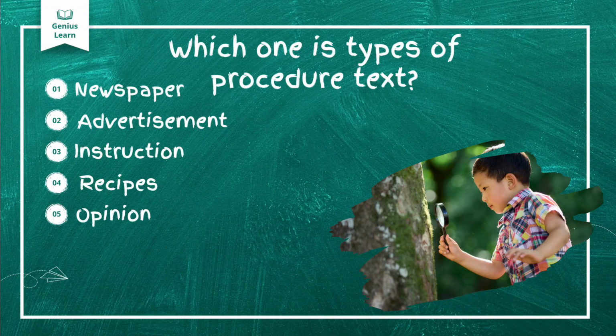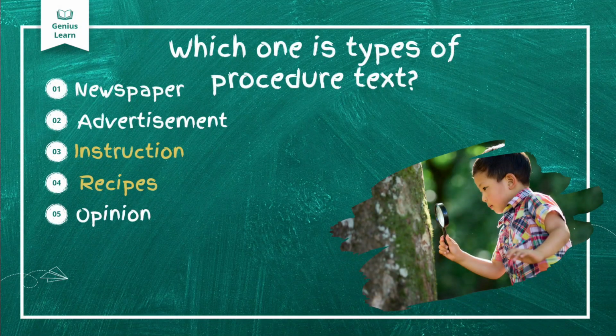So I need you to analyze these 5 and try to find which one is the type of procedure text. I'll give you 10 seconds starting now. 10, 9, 8, 7, 6, 5, 4, 3, 2, 1. Time is up, everyone. So let's see if your answer is correct or not.